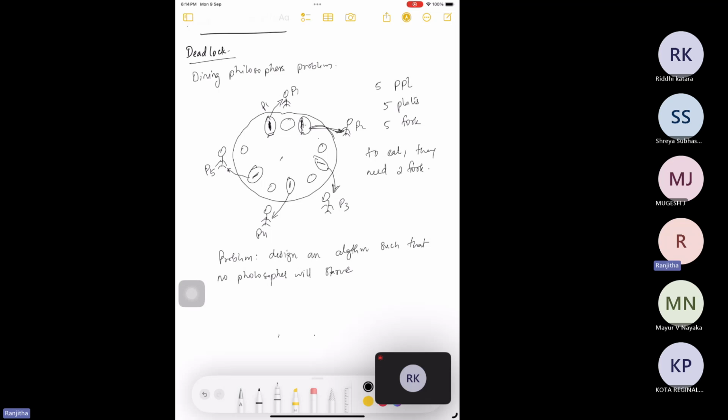Same way, P2 is holding one fork and waiting for P3 to release this one. P3 is holding this fork and expecting P4 to release this. P4 is holding this fork and expecting P5 to release. And P5 is holding this and expecting P1 to release.